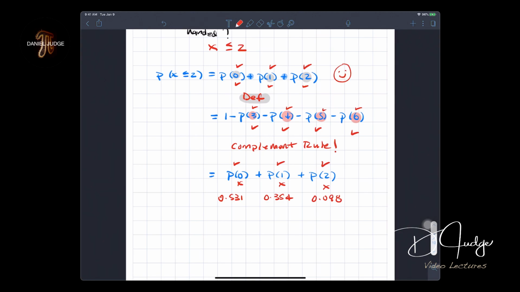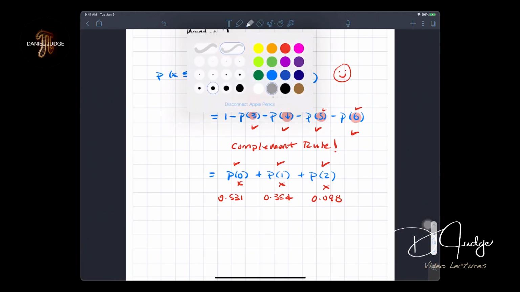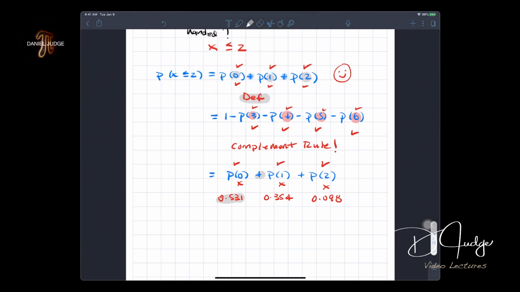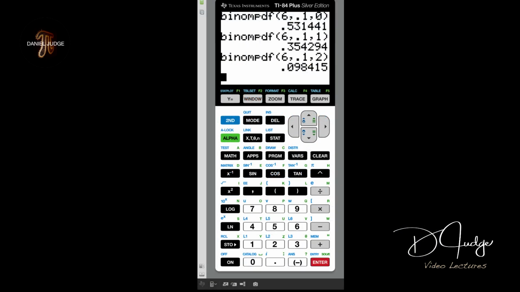So at the end of the day here, we're going to have to add these values here, right? This number plus this number plus the next number. Add these values. So TI is here, and we can say we get 0.531 plus 0.354 plus 0.098.